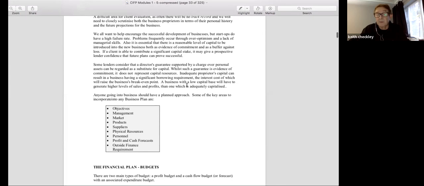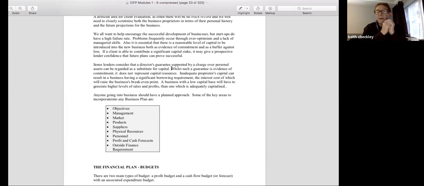Now, this point's important. Some lenders consider, if it's a company, that if the director gives a guarantee supported by a charge or a mortgage or a pledge or whatever over their personal assets, this could be regarded as a substitute for capital.